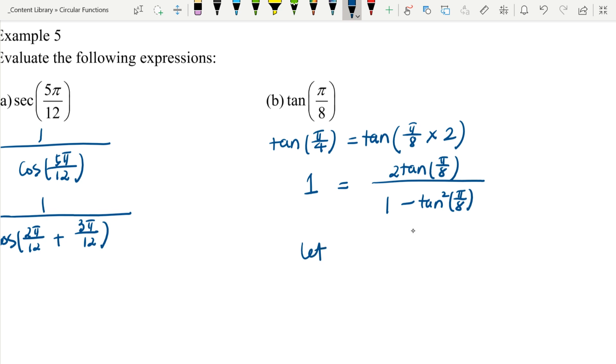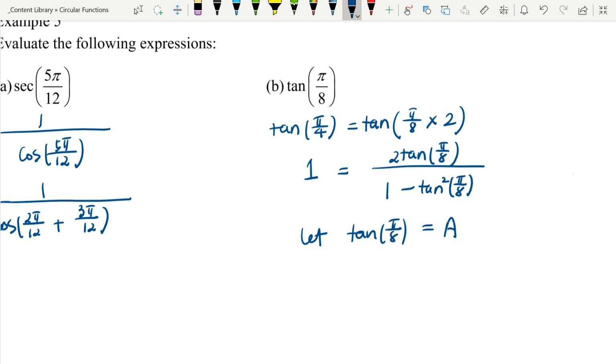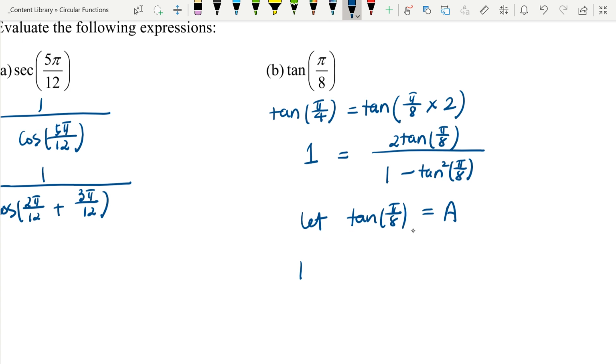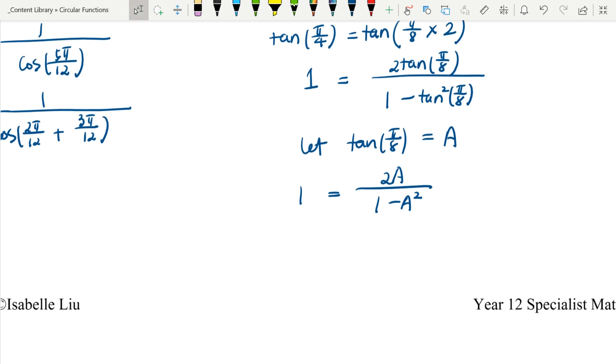I will let tangent pi on 8 equal A. So that's 2a over 1 minus a squared, which equals 1. So 1 minus a squared equals 2a, and a squared plus 2a minus 1 equals 0.